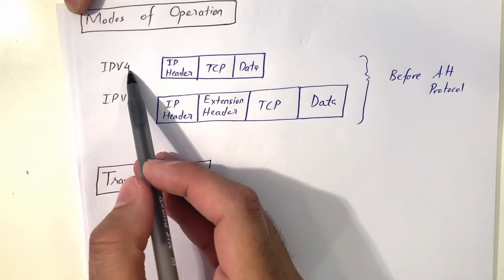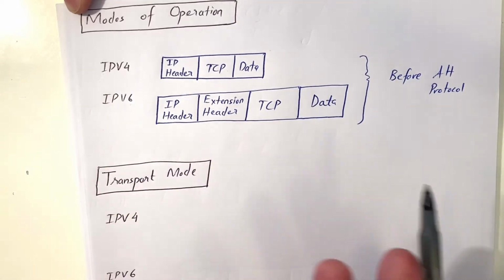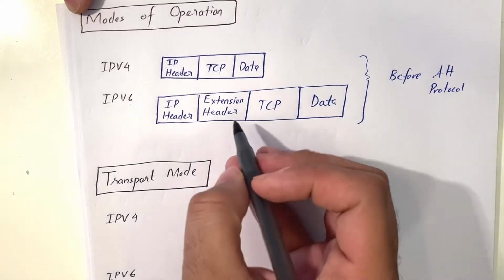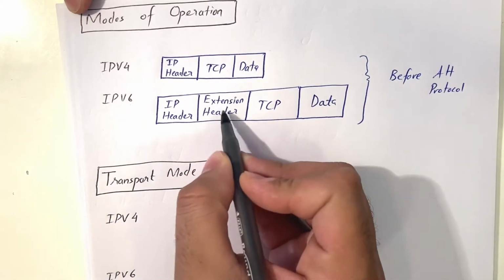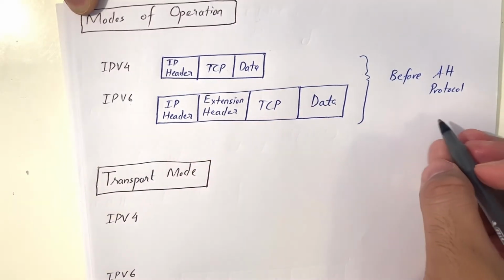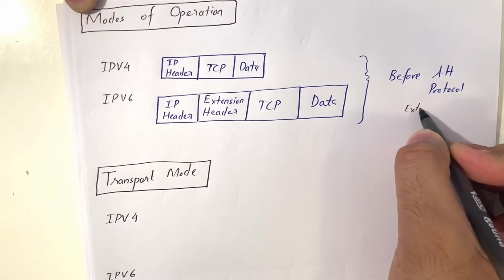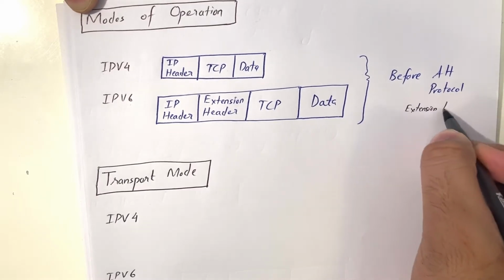This is the IPv4 and that's the IPv6 packet. The IPv6 packet is exactly the same, but we just have one new field, which is called the extension header. I believe you have heard of the extension header in the networking course.